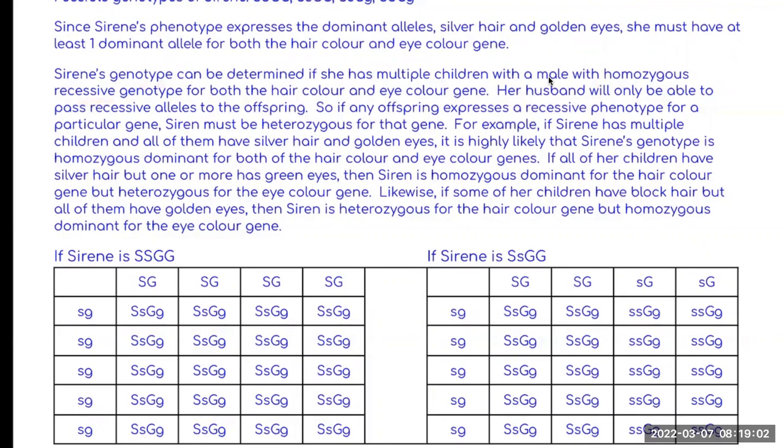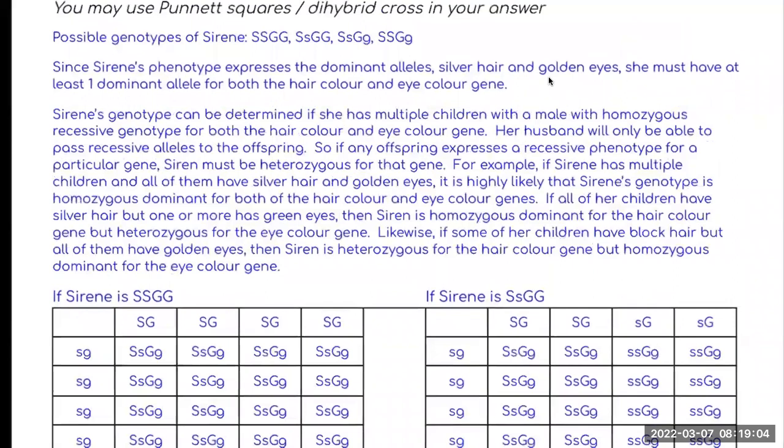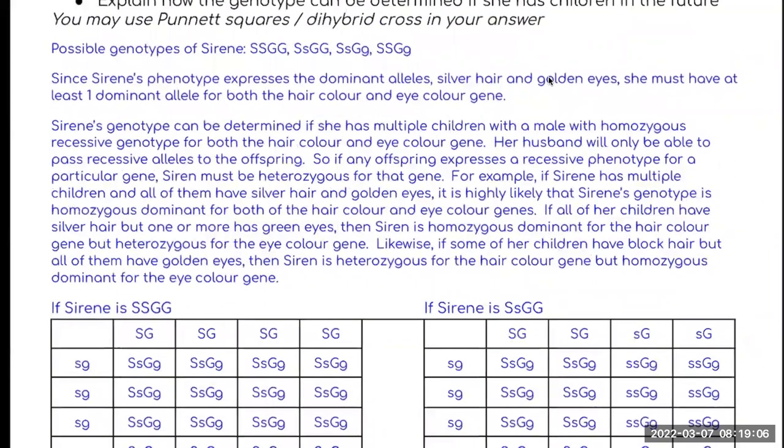Now, this is perfect if we were wanting to determine the genotype of Serine, because if you see any recessive traits or any recessive phenotype in Serine and Lofa's children, it means that Serine herself must contribute one recessive allele towards the phenotype that you see.